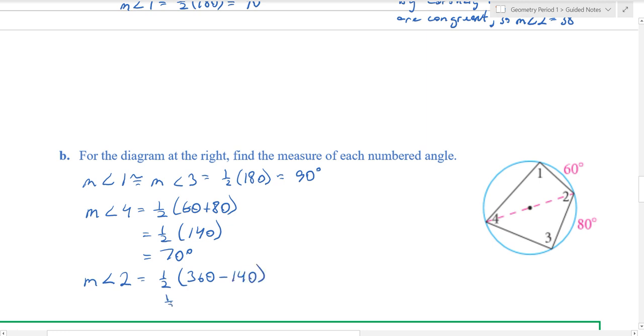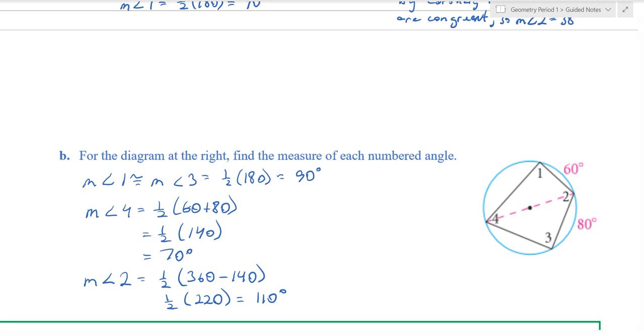That gives me 1/2 times 220, which equals 110 degrees. And that's how we find our four missing angles here.